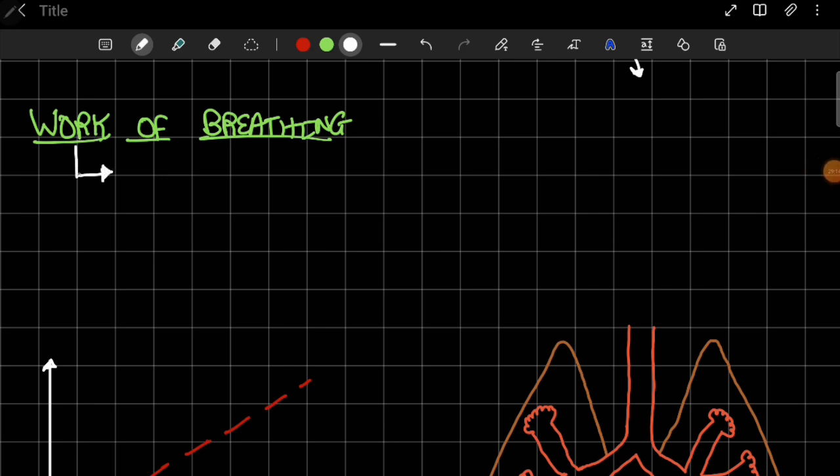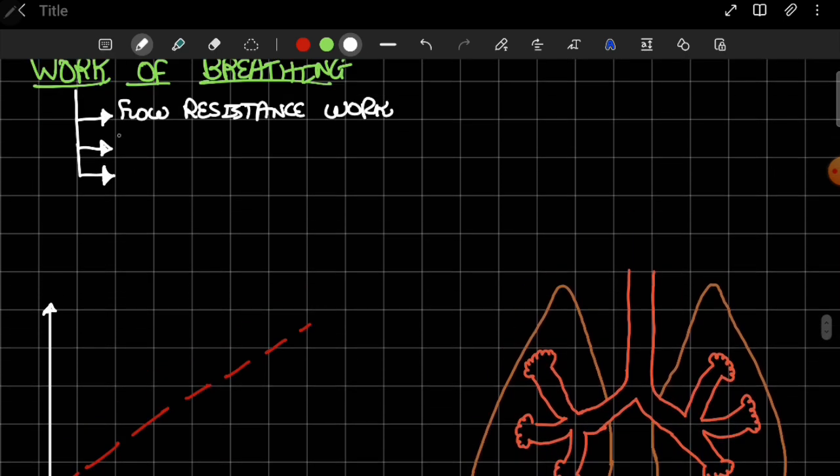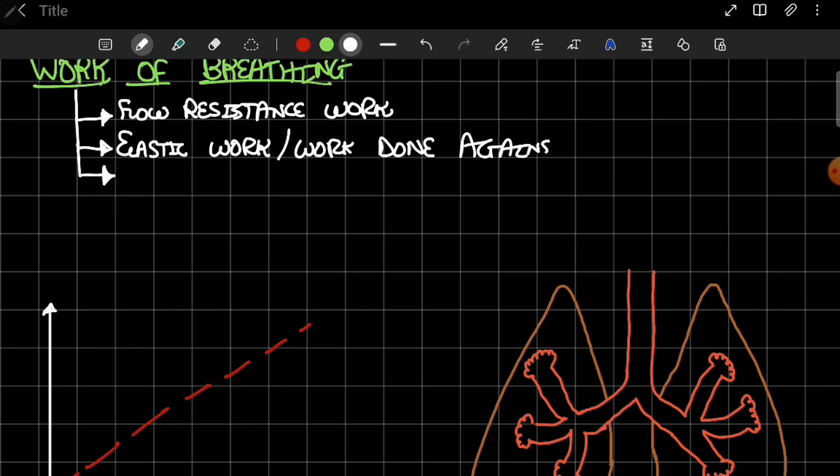The work of breathing consists of basically three parts. The first is flow resistance work. The second is the elastic work, or the work done against compliance.